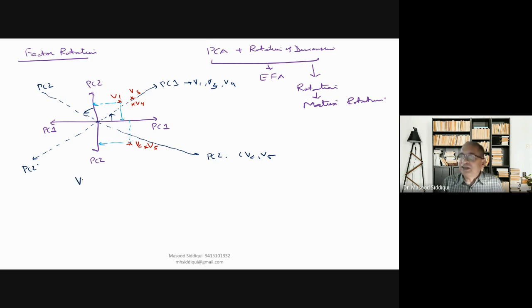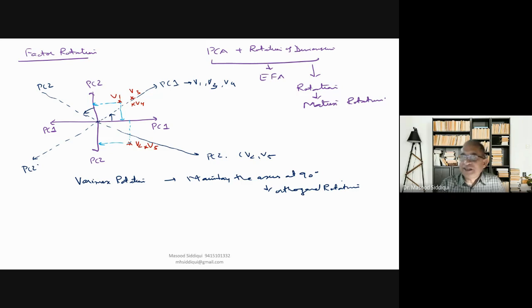This is actually the explanation of Varimax rotation. And in the Varimax rotation, we are maintaining the axes at 90 degrees. So this is also an orthogonal rotation.